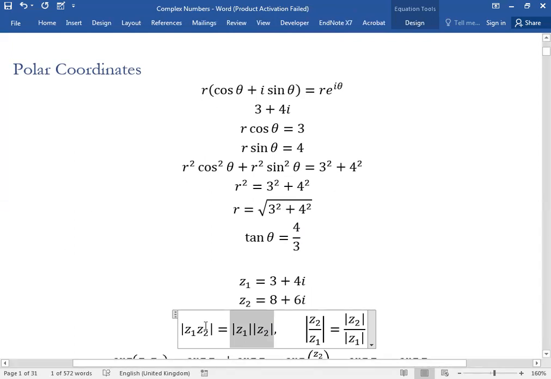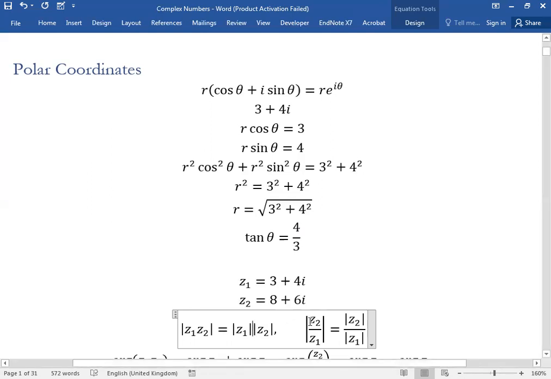I repeat, the magnitude of the product will always be equal to the product of the magnitudes. If you were to find their magnitudes individually and multiply them, you'll get the same answer that you'll get by finding the product of the complex numbers and finding its magnitude.